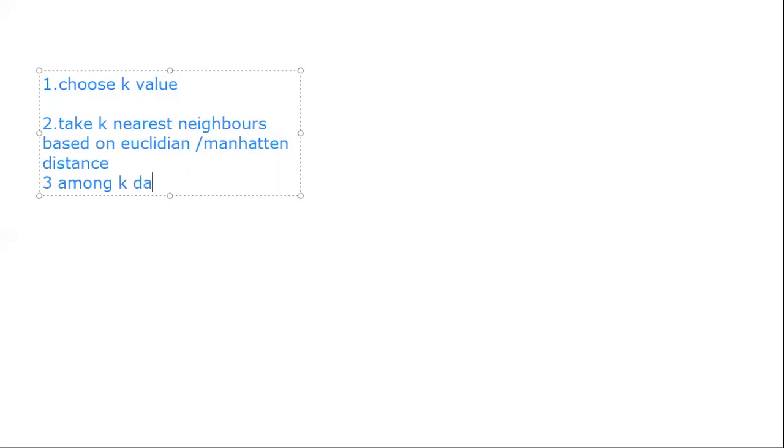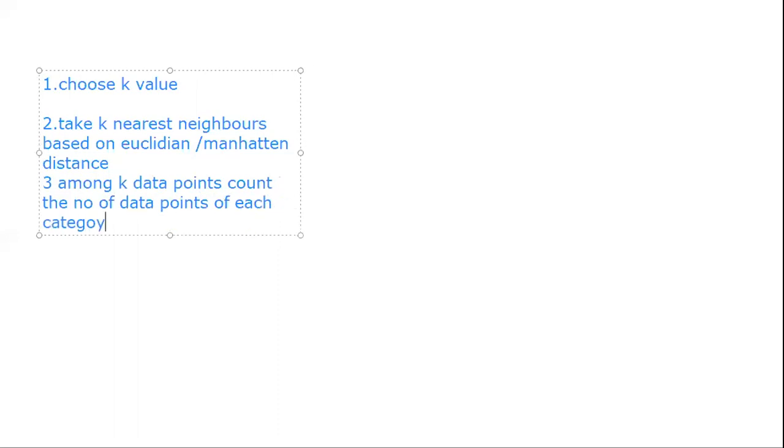Among k data points, count the number of data points of each category. So this is the third point. First, we need to choose the k value. After that, we need to find k nearest neighbor points based on the Euclidean distance measure or Manhattan distance measure.